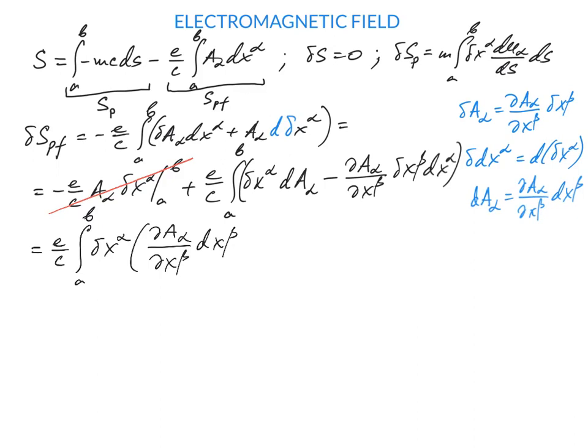Second term, dA beta dx alpha, remember we're interchanging indices, dx beta and delta x alpha goes outside the brackets. All right, so now we also have dx beta that we can take outside of the brackets. So let's do that.